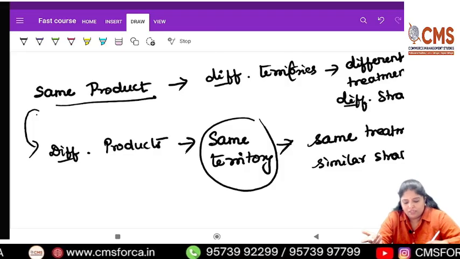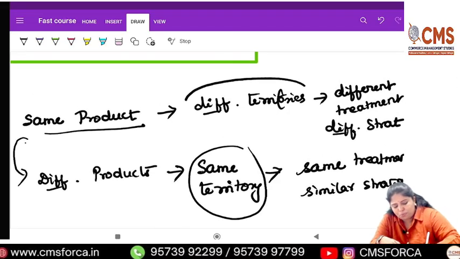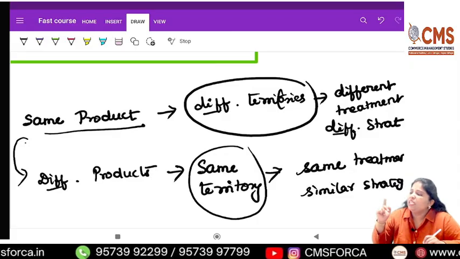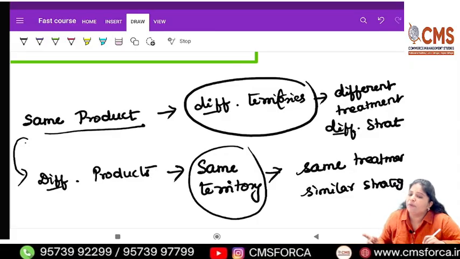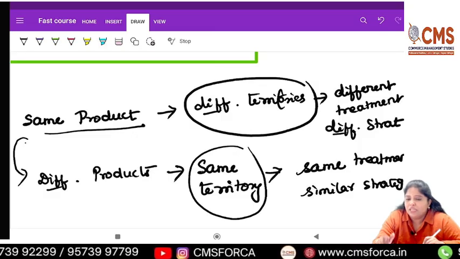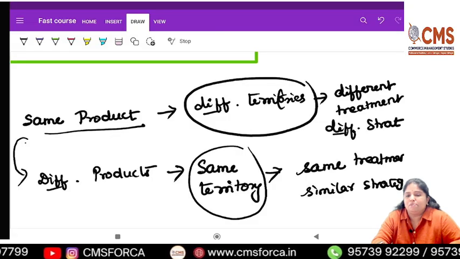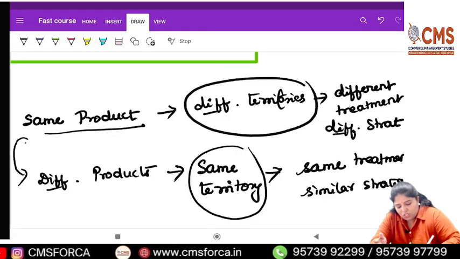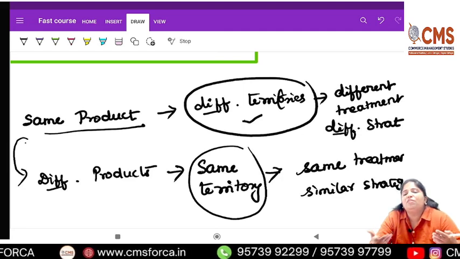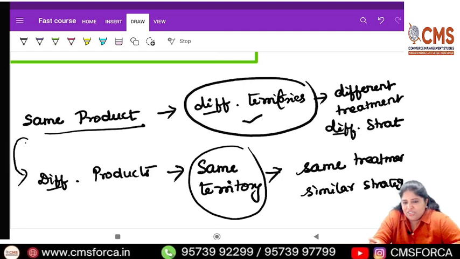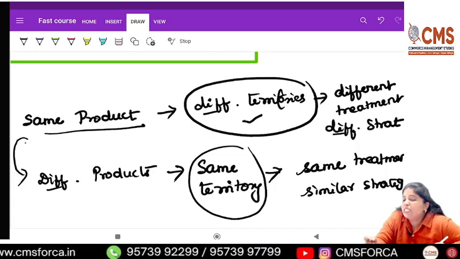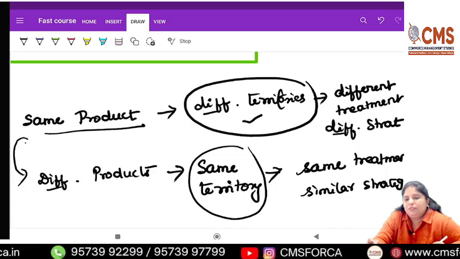Not correct. And on the other hand, the same product, which ideally should receive the same treatment, though it is in a different territory, gets different treatment and different strategies from territorial grouping, but ideally it should receive the same treatment.